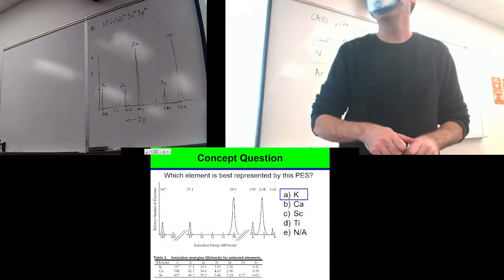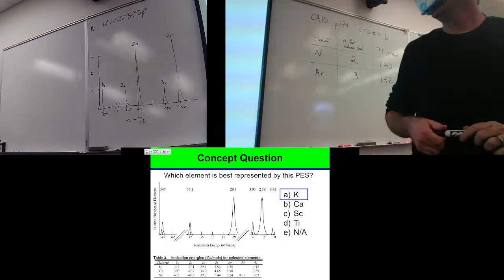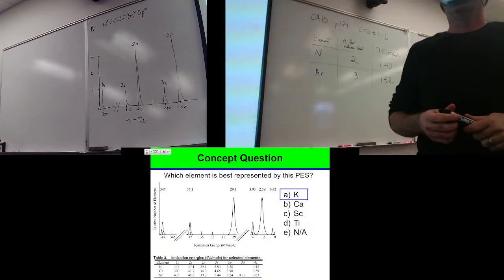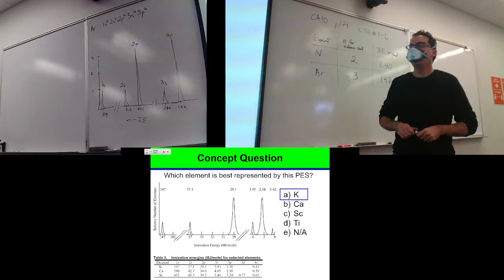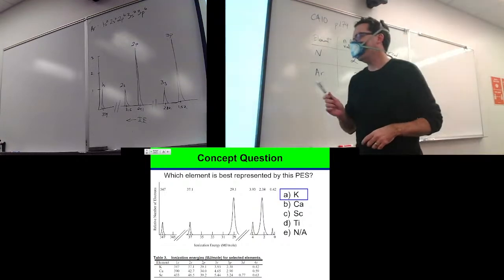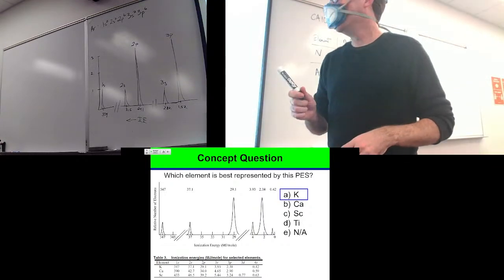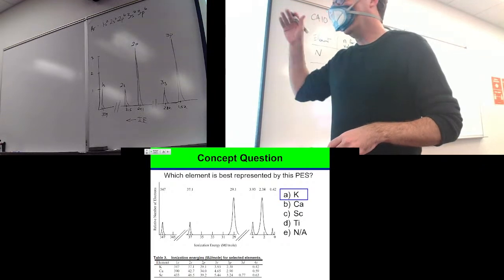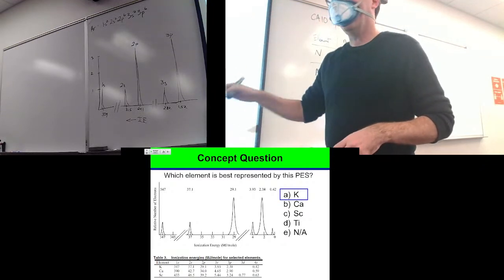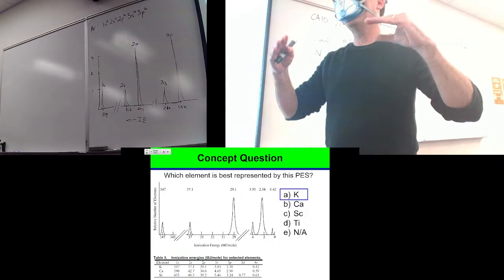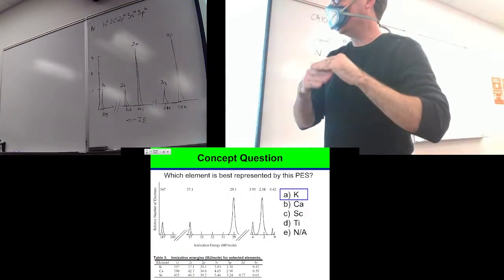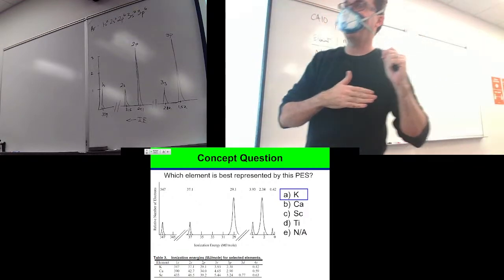Yeah, question. Why do potassium and calcium skip the 3D subshell? That's because the 3D subshell is higher in energy than the 4s subshell. So when you fill your atoms with electrons, they want to go in the lowest energy subshells possible.